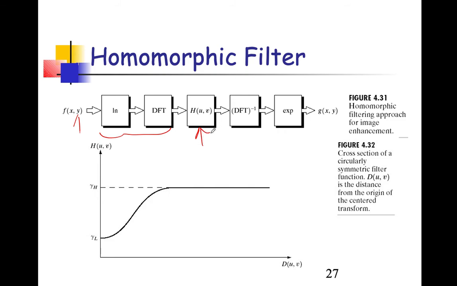The filter output from h of u comma v is applied to the inverse DFT, and then we go for the exponential form. These are the steps we follow in homomorphic filtering, and basically image enhancement techniques are used here.